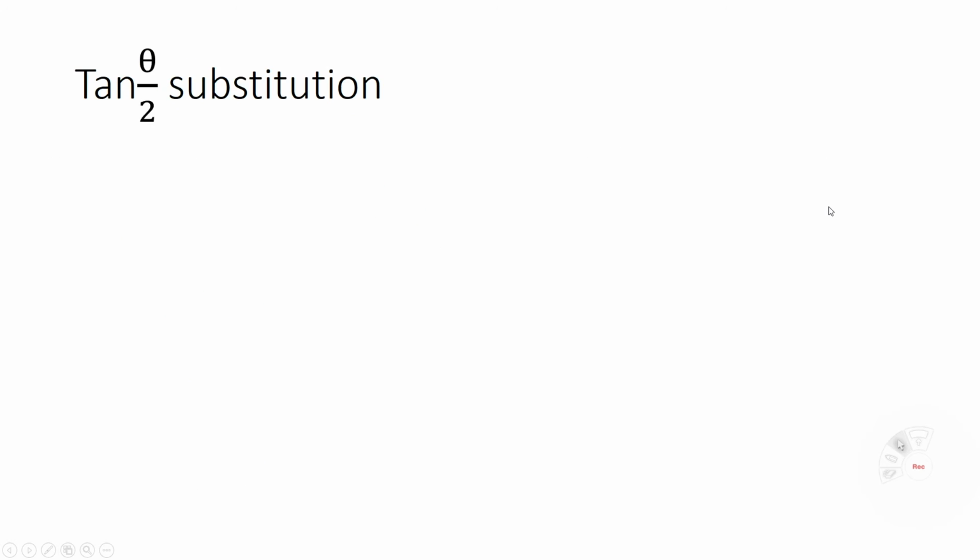And then last, one further substitution technique, which is known as the tan theta over 2 substitution. So this is useful if your integrand is a rational function of sine theta and cosine theta.